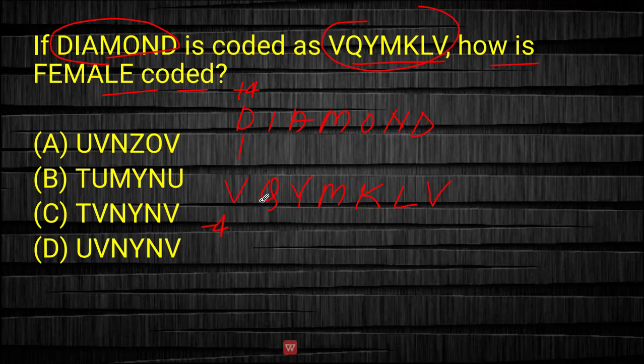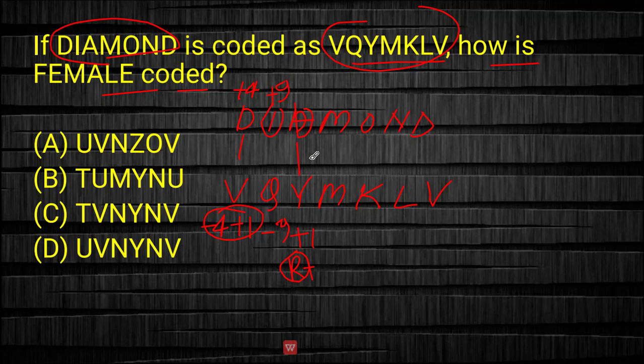That means from the end it is situated at 4 plus 1. I is situated at 9th, and it is minus 9 plus 1. So there is plus 1, that means Q. Plus 1 means just before the letter R.